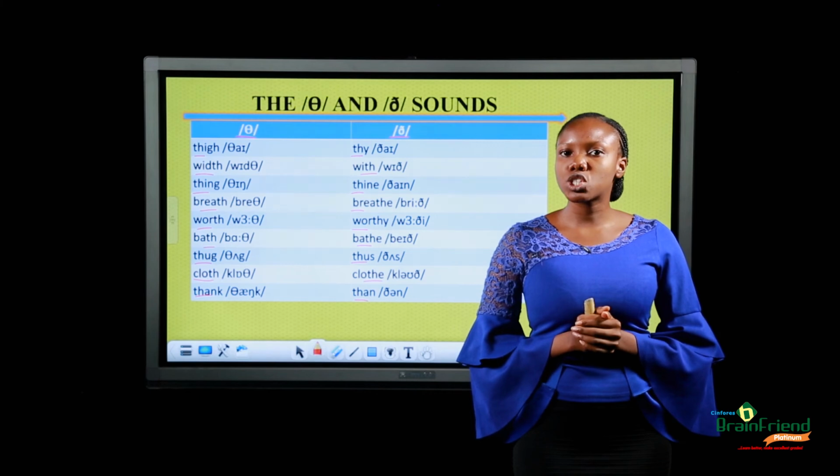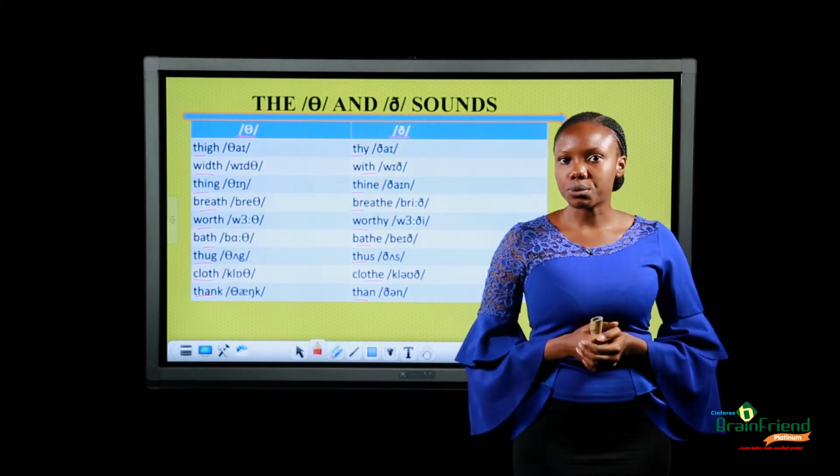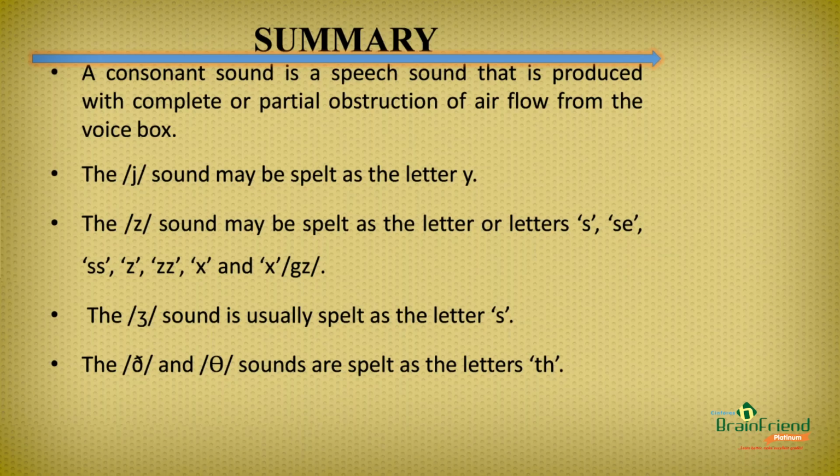Now let's take a quick summary before we go. We've learnt that a consonant sound is a speech sound that is produced with complete or partial obstruction of airflow from the voice box.